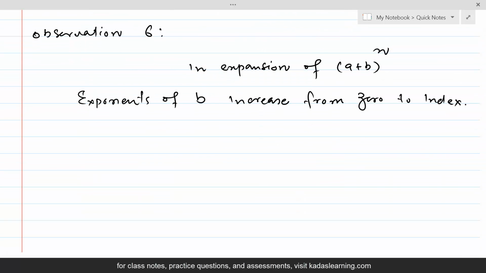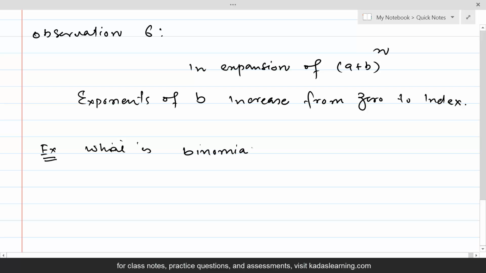So let's do an example here. What is the binomial expansion of (a/2 - 2/b)^4?